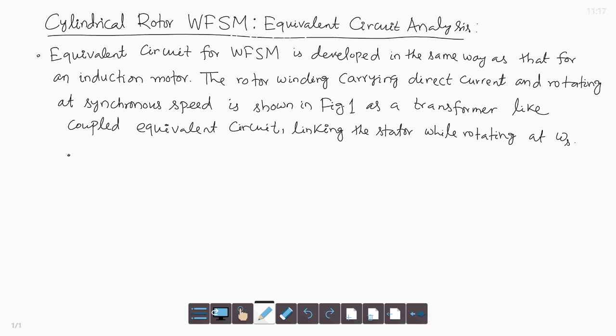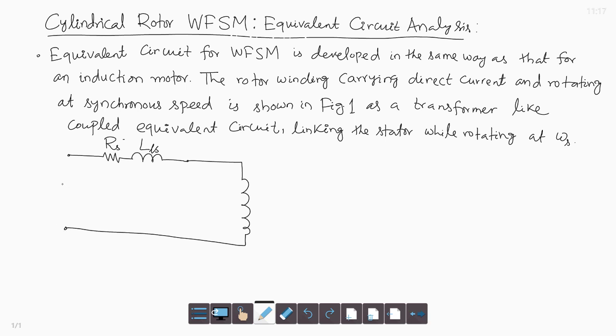First, we have the stator winding which has a resistance, stator resistance Rs. Stator winding has a leakage inductance LLS. After that, we have the ideal stator winding.